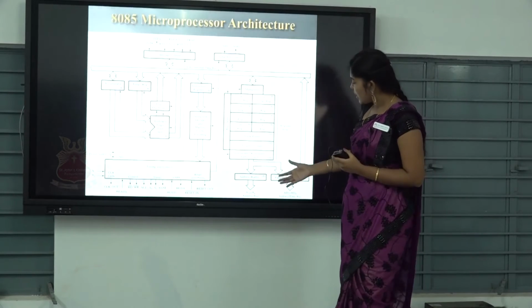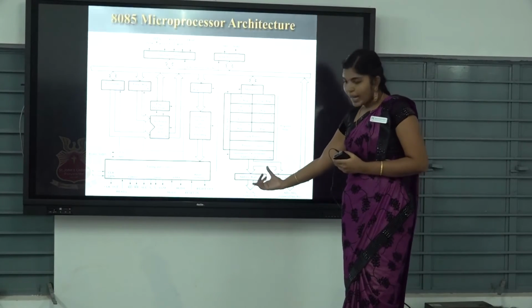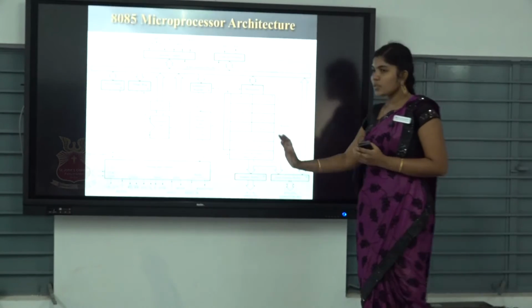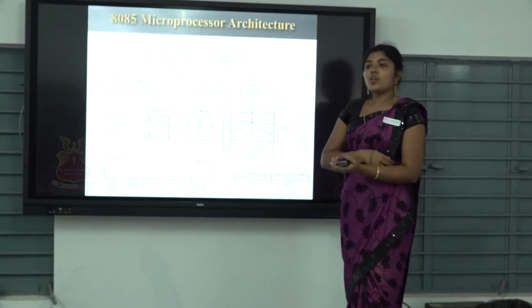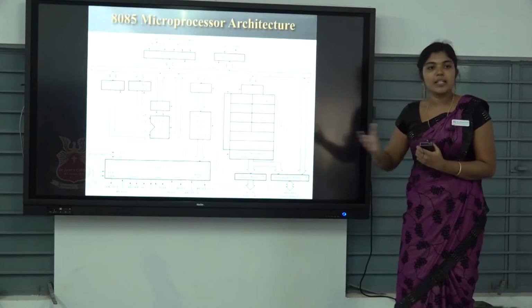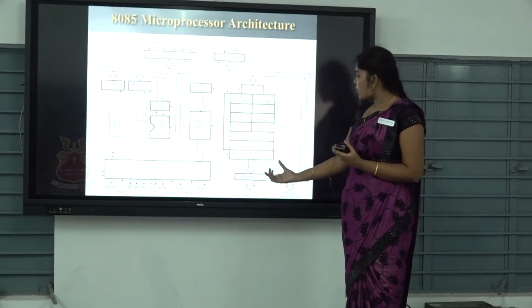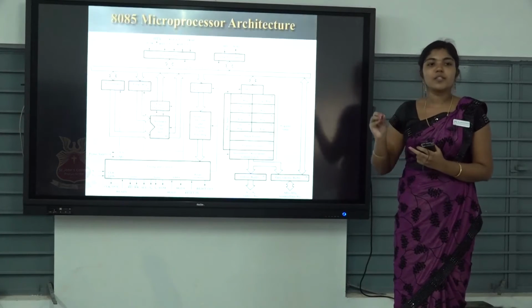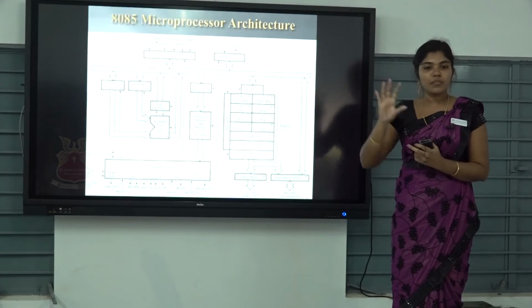Below these register arrays, we have the address bus and data bus. The address bus has 16 address lines. The job of the address bus is to identify the location of the memory.